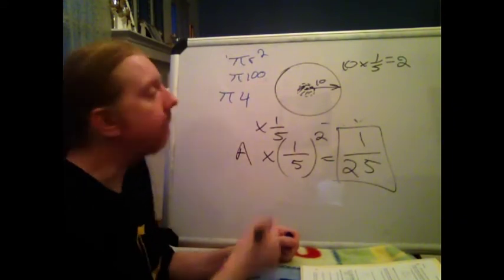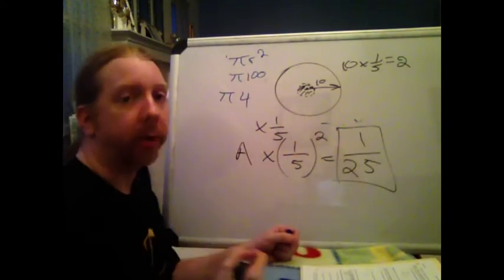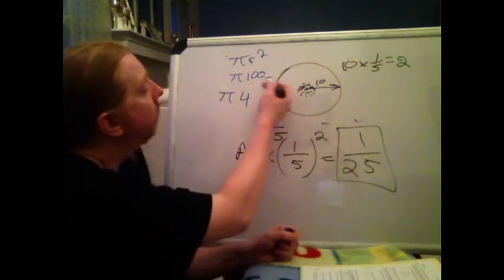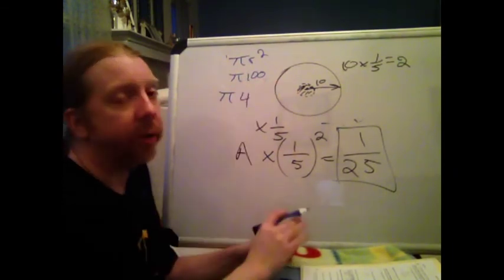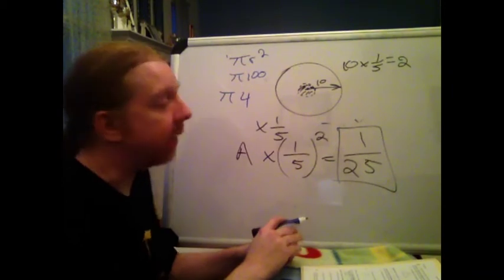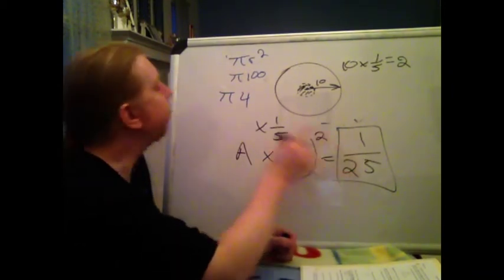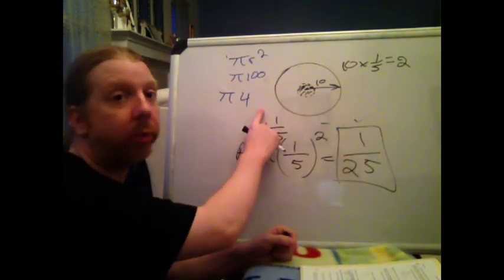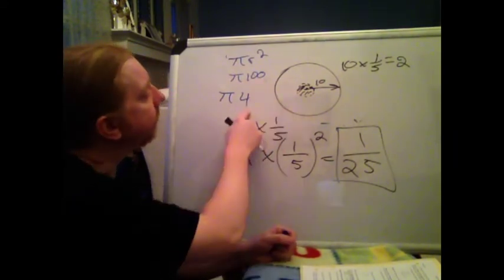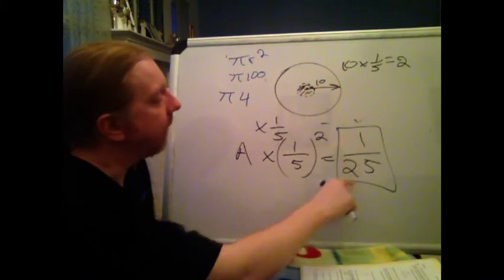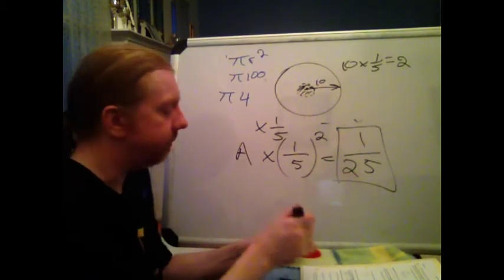My area drops by a factor of 25, as I expected. 314, which is what that would be if I turn it into a decimal, is 25 times larger than what I would get here, which is a number slightly larger than 12. So again, I have that drop of a factor of 25.